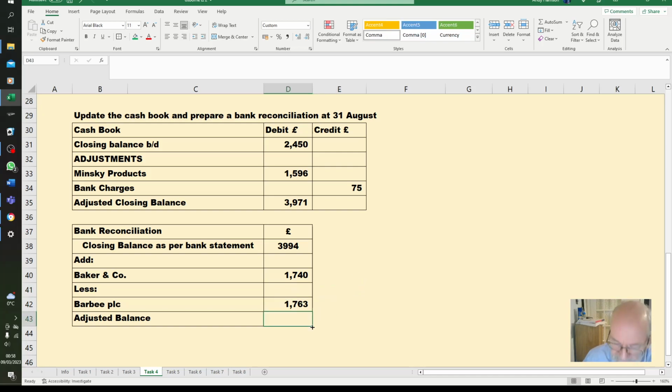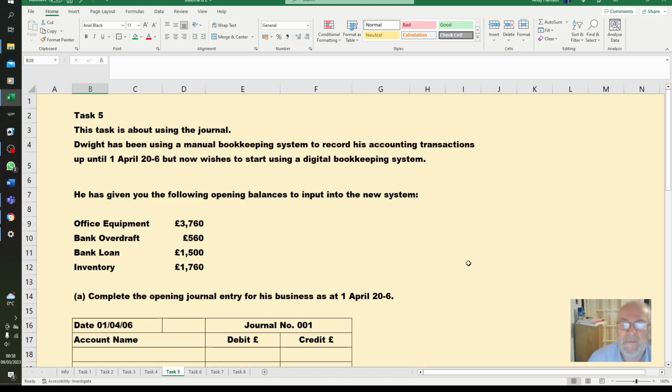So our adjusted balance, hopefully, there we are, 3971. So we've reconciled our bank, we've proven a lot of our transactions are correct and justified them. So halfway through, slightly over halfway through I think time wise.